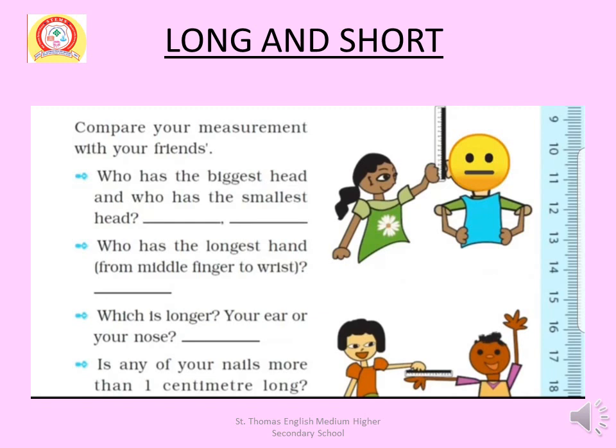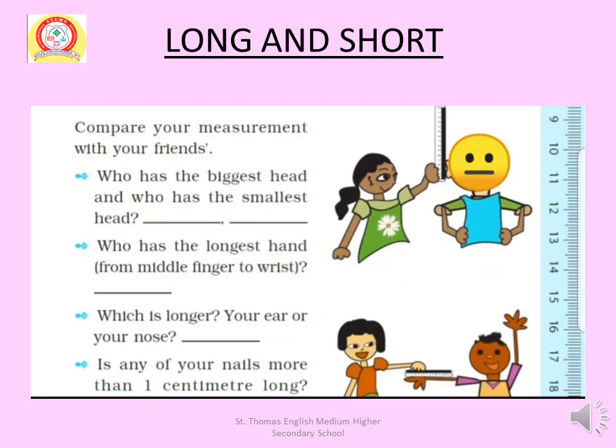Compare your measurements with your friends. You have to create a group of 4-5 friends and take the measurements of head, hand, ear, nose, nails of all friends in the group. Then write here who has the biggest head and who has the smallest head.